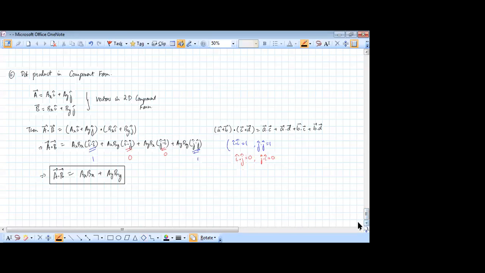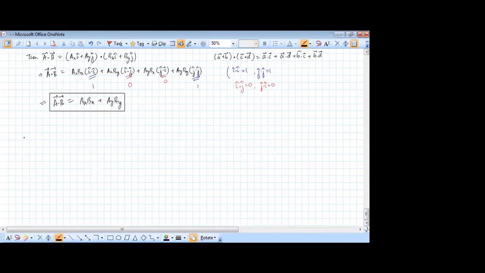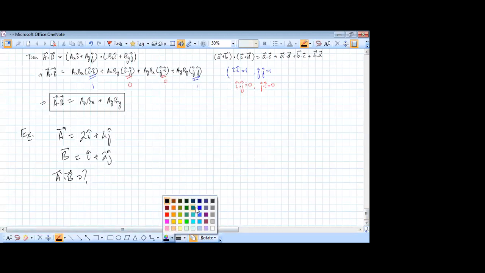Okay, so let's do a couple of questions now based on this. So for example, अगर वेक्टर A ऐसा है 2i cap plus 4j cap, और वेक्टर B ऐसा है i cap plus 2j cap, then A dot B कितना होगा? So all we have to do is directly substitute in the formula here.